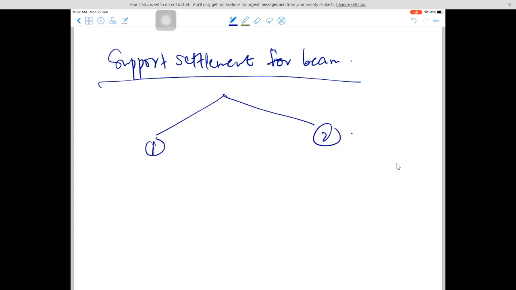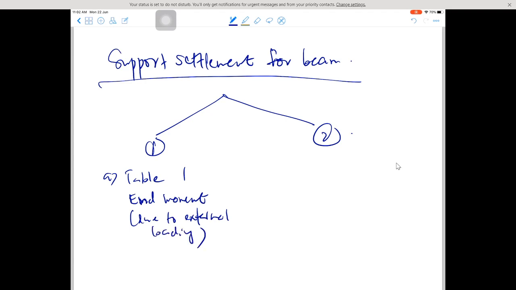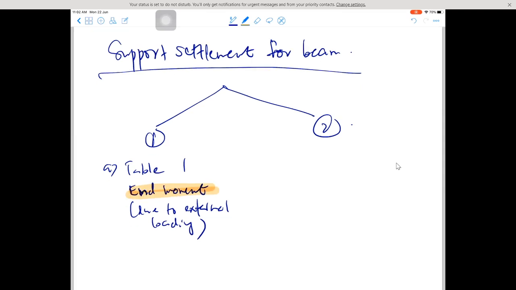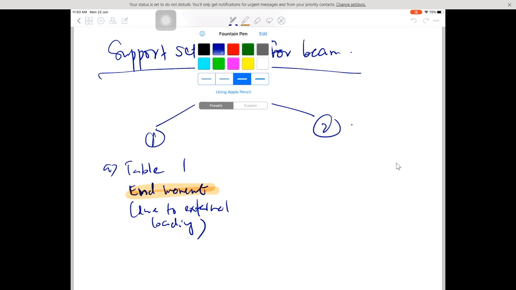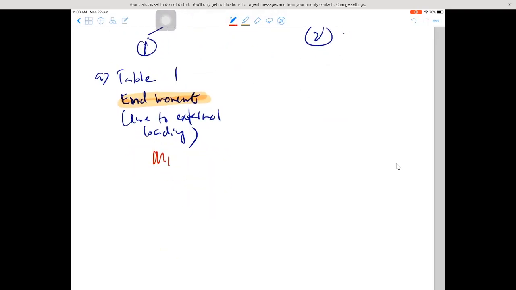For number 1, we have table 1 where we calculate member end moment due to external loading, and this becomes M1.